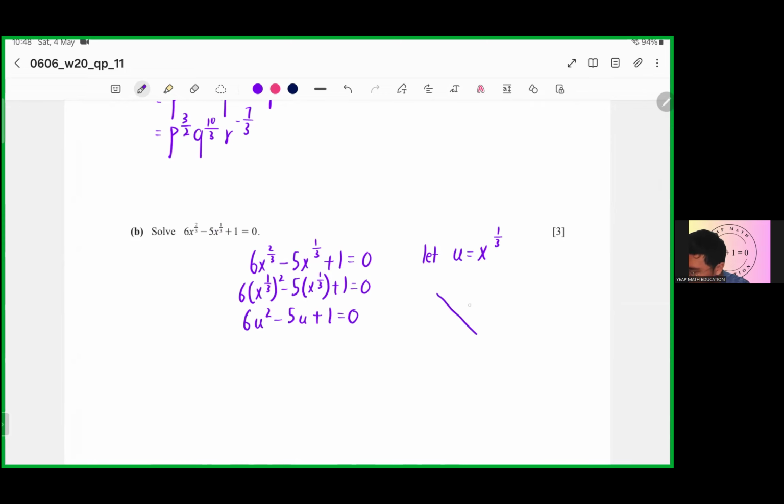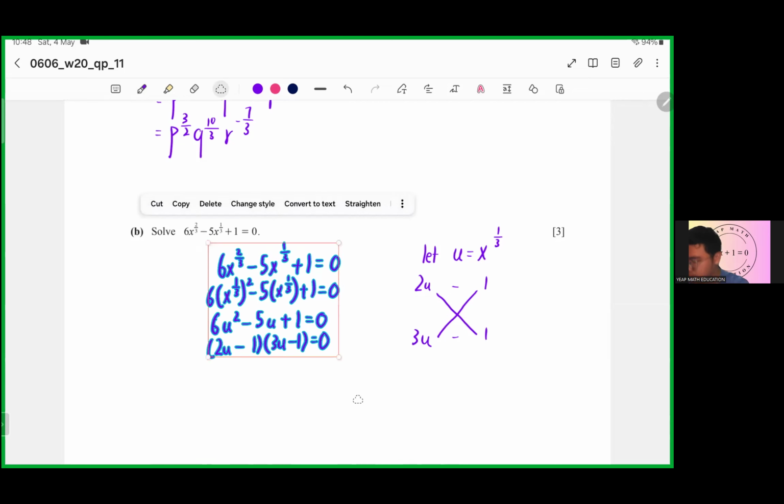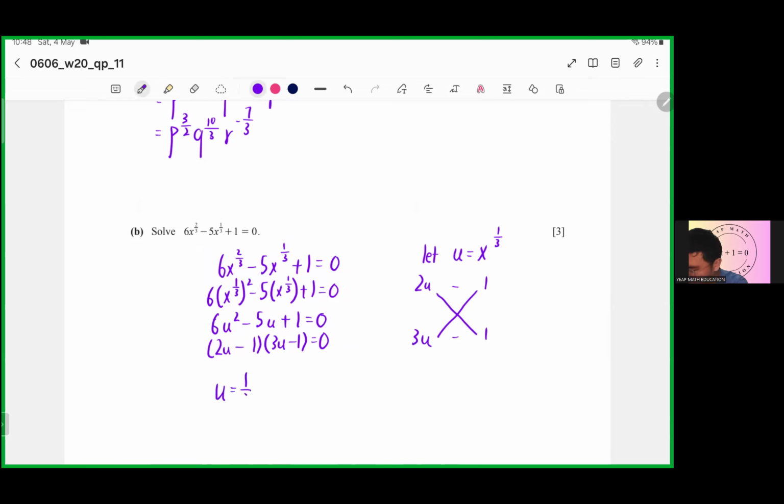Now we can do factorization: 2u, 3u, 1, 1, minus, minus. So 2u minus 1 and 3u minus 1. Now we get u equals 1 over 2, and one more is u equals 1 over 3.